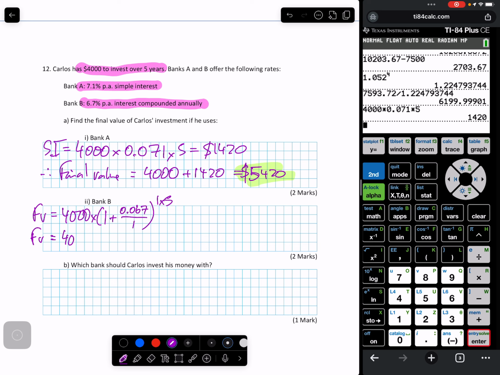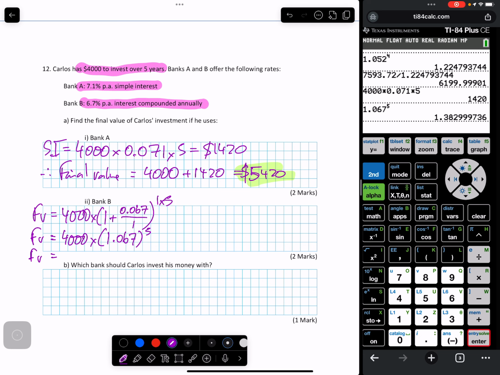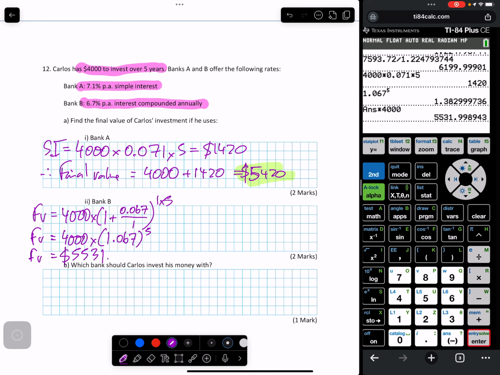So $4,000, let's clean it up, 1.067 to the power of 5. Work that out, 1.067 to the power of 5, times that by $4,000, 5531 point, that rounds to $5532 to 2 decimal points.